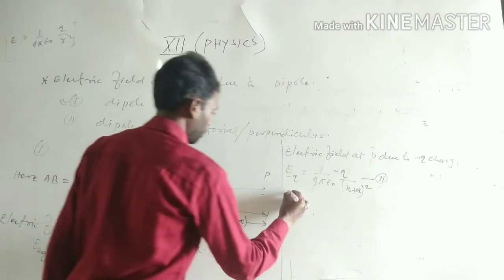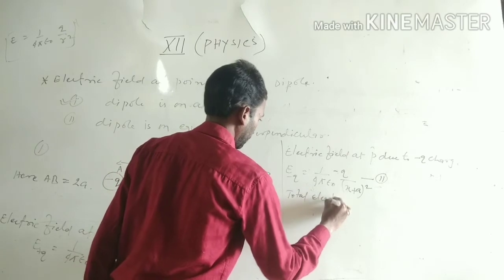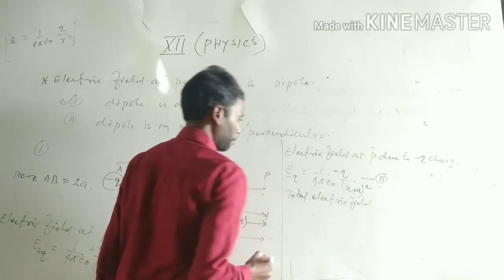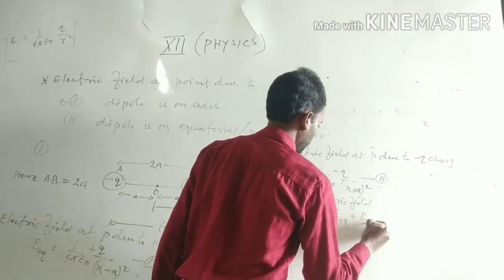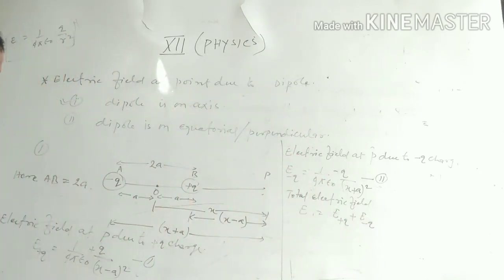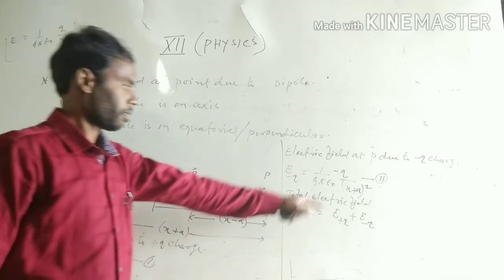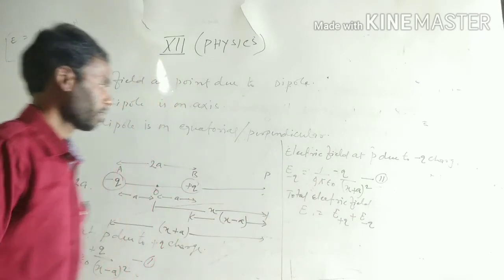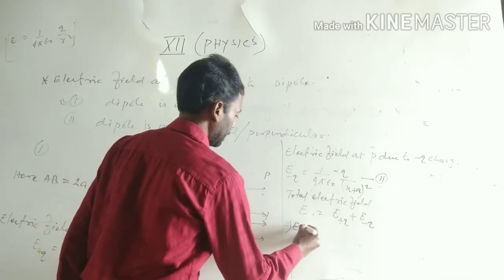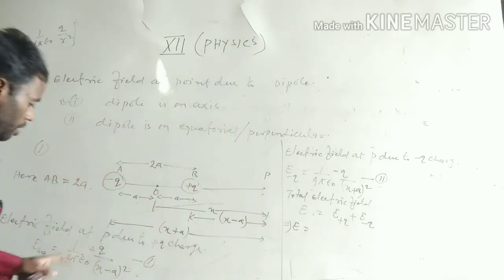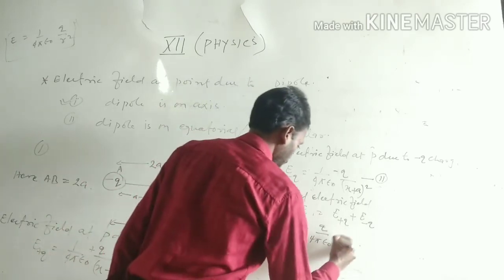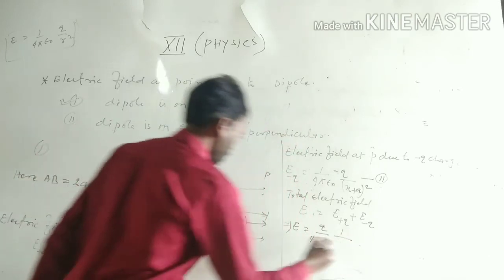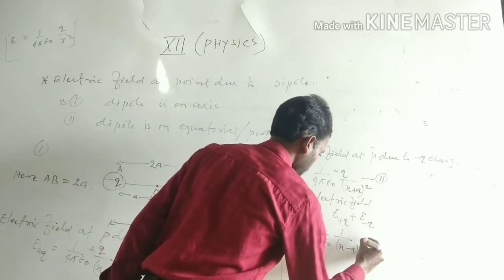Total electric field. Suppose E is equal to E plus Q plus E minus Q. We put in the values of E plus Q and E minus Q. Then from equation 1, E is equal to Q divided by 4 pi epsilon naught, 1 by x minus a whole square.